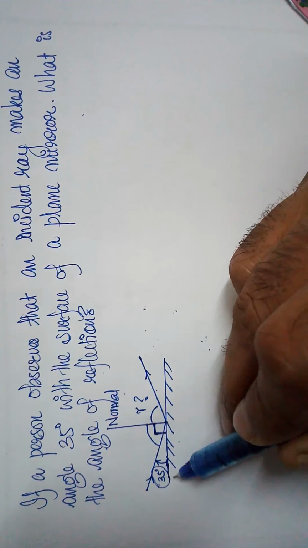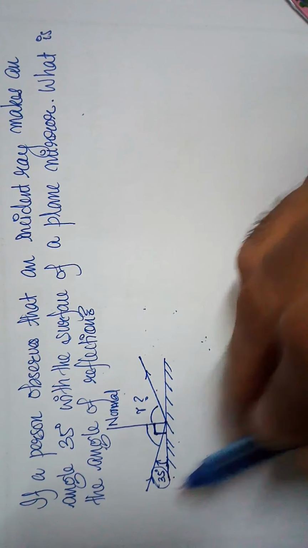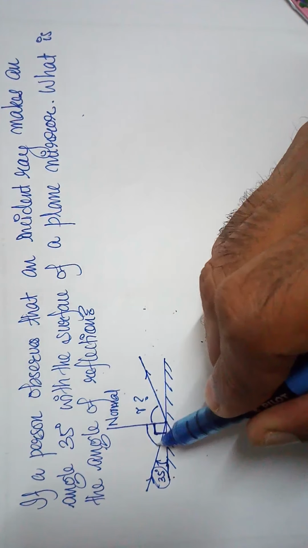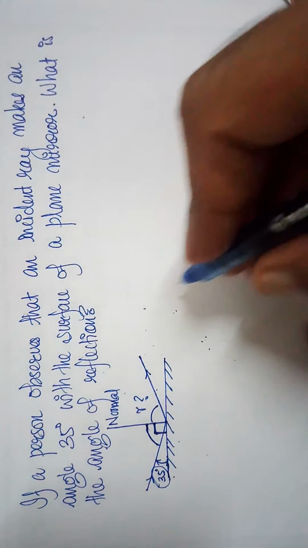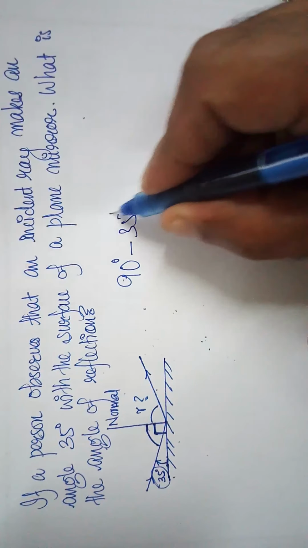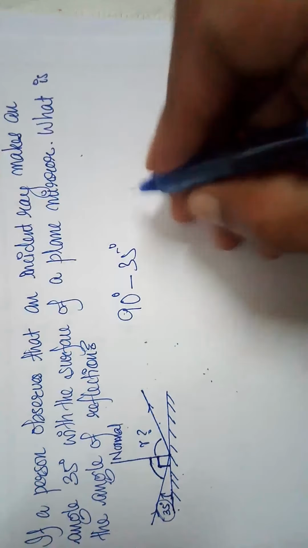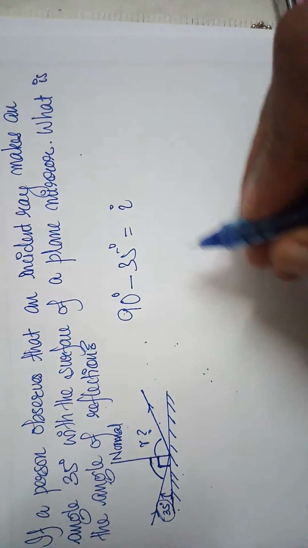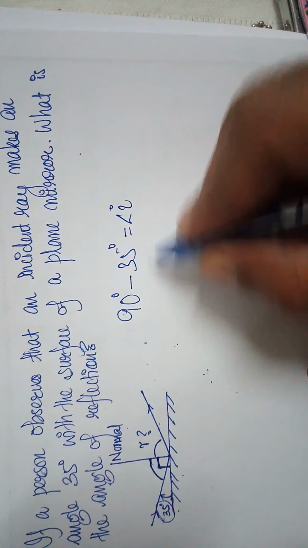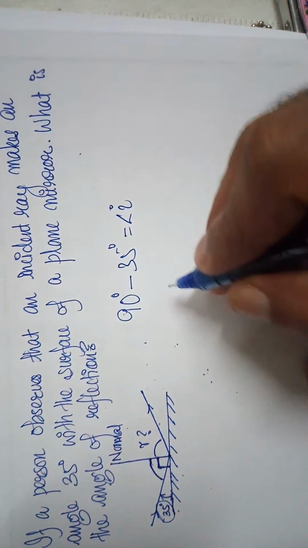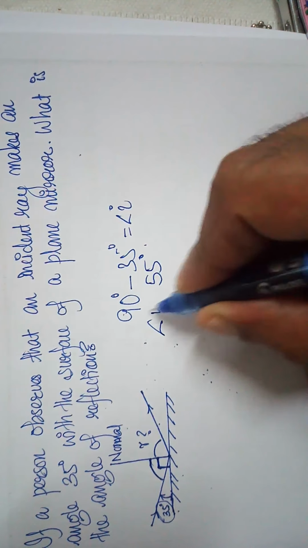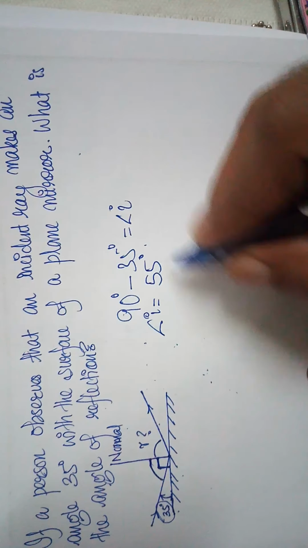The angle between the surface of the mirror and the incident ray is 35 degrees, so the remaining will be 90 degrees minus 35 degrees, which is the angle of incidence. 90 minus 35 is equal to 55 degrees. So angle I, the incident angle, is 55 degrees.